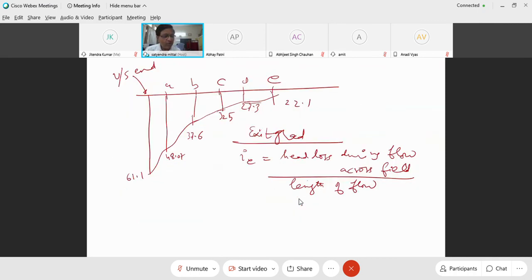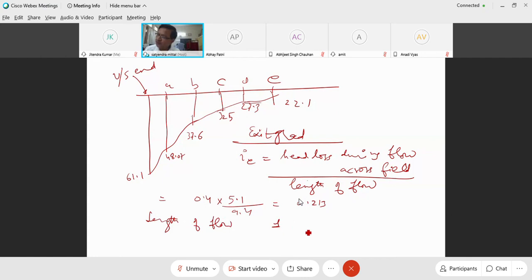From the graph paper you will see that this is equal to 0.4 into that proportion, 5.1 upon 9.4. This is coming as 0.213, and length of flow as per the graph paper is 1.